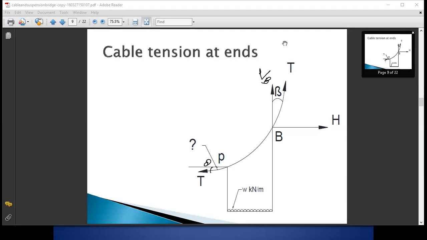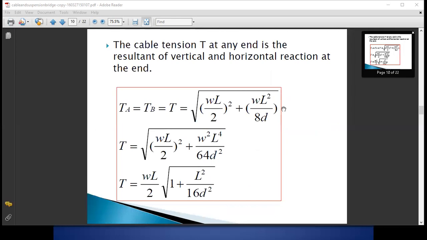Okay. And the tension in the cable, capital T, is the resultant, square root of H square plus V square. So you get the value of T, that is tension in the cable.